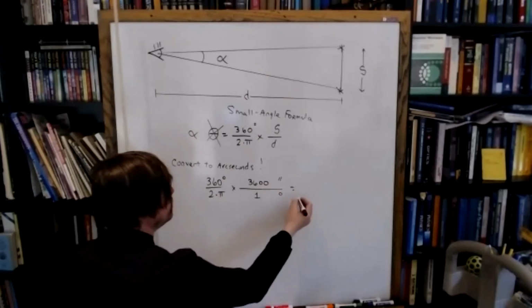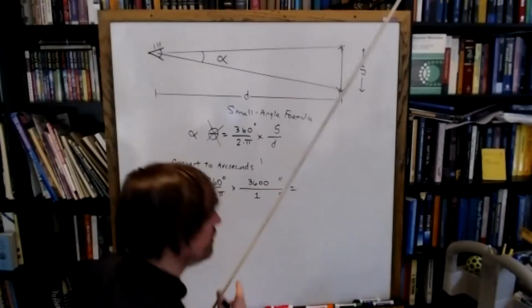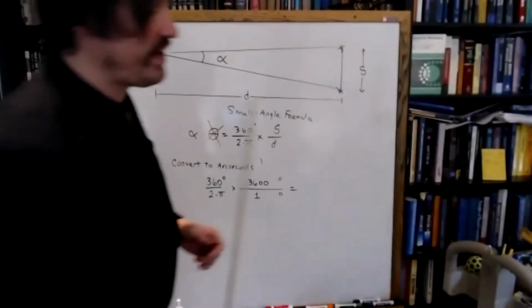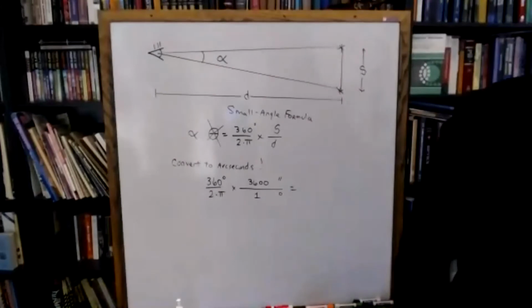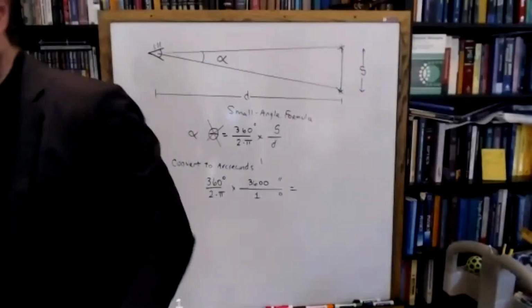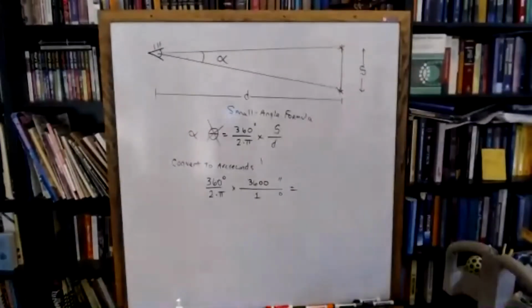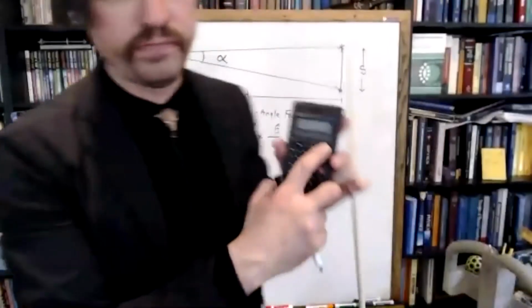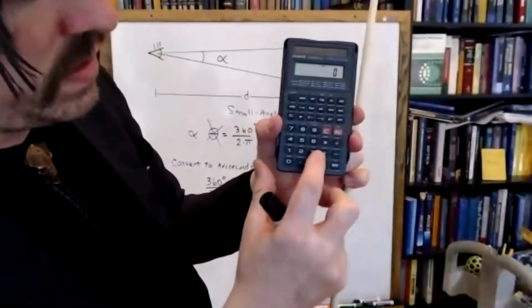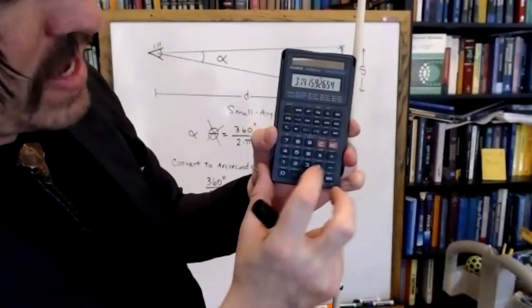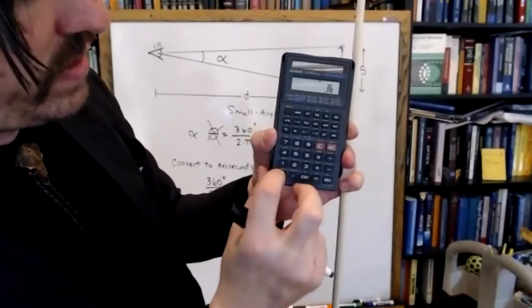Okay, punch them up, students. Punch those into your calculators. You're going to get a very magical number. I want it to 6 significant figures because all of these numbers have infinite precision if you think about it. 6 significant figures. I'll get my calculator too. 360 divided by 2 divided by pi times 3,600.